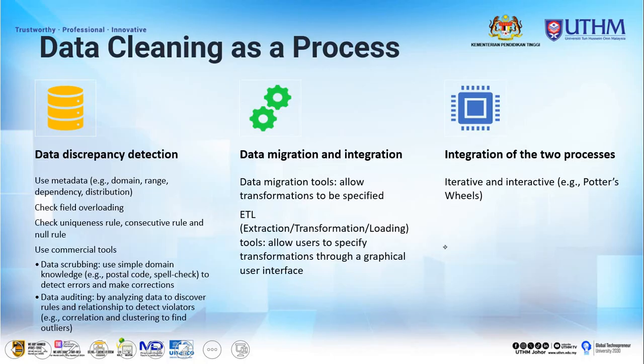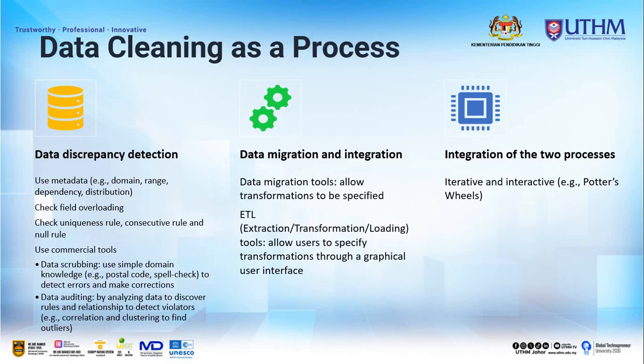Data cleaning as a process. Data cleaning is not a one-time fix. It's a structured process. First, we need to detect the errors through summary statistics, plots, or validation rules. Then we handle the missing or noisy data as discussed previously.